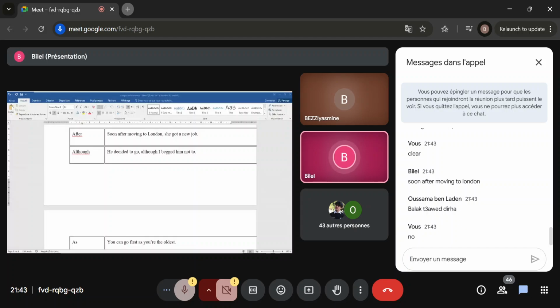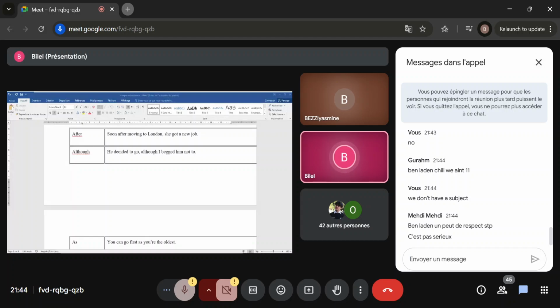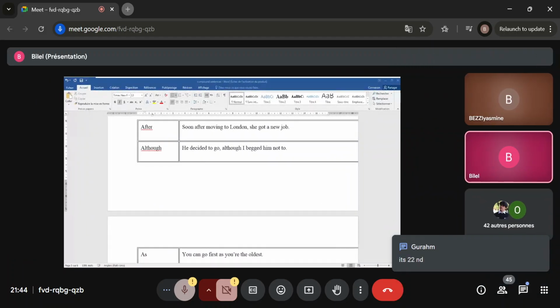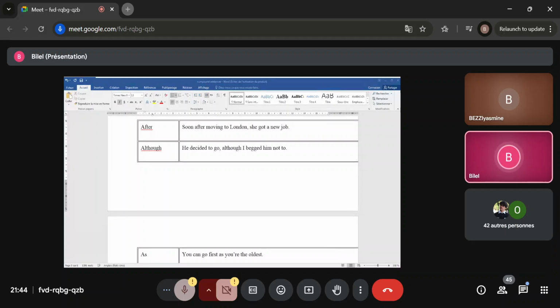No. So we need another part to complete its meaning. So we can say, soon after moving to London, comma, she got a new job. So this is a dependent clause, which means that it cannot stand by itself, after moving to London.